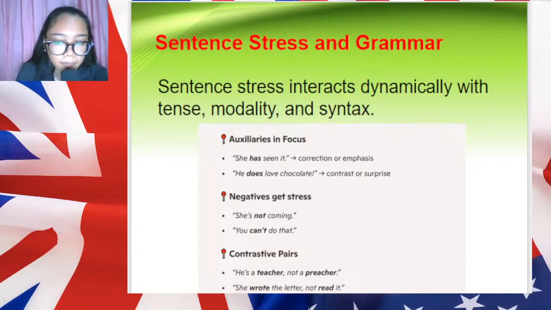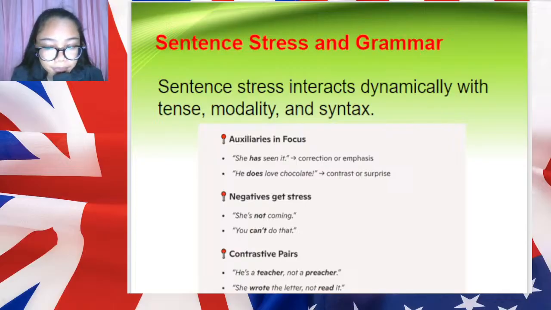Now try another one we have here. Basically, the first sentence is a correction or emphasis. For the second sentence, it will be contrast or surprise. The sentence is, "He does love chocolate." Again, "he DOES love chocolate." We are not just saying he likes it, we are adding energy, emotion. Maybe someone said he didn't, or maybe his behavior didn't seem like he did.